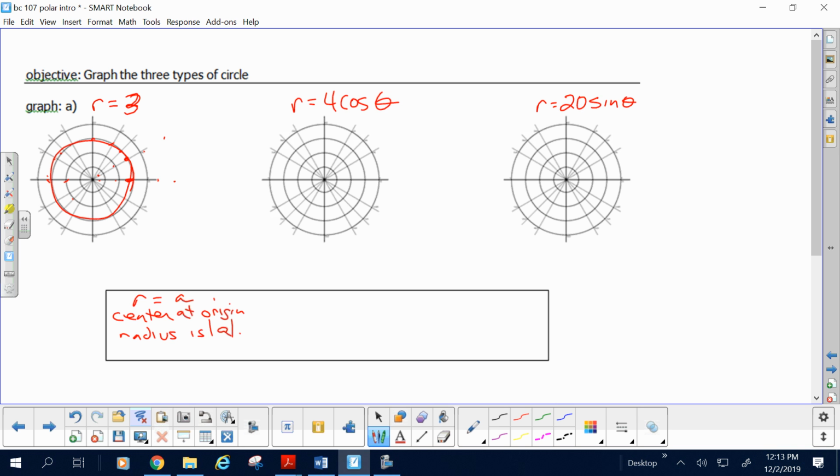When theta is 0, what's r? 4. When theta, oh, actually, would you put up here, root 3 is about 1.8, and root 2 is about 1.4. Those will come in handy. Okay, so at pi over 6, when theta is pi over 6, what's r?